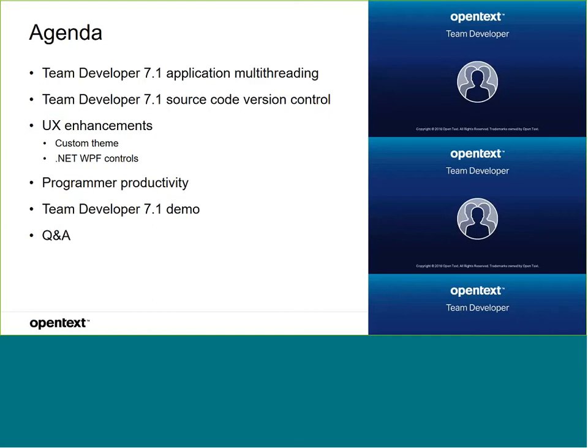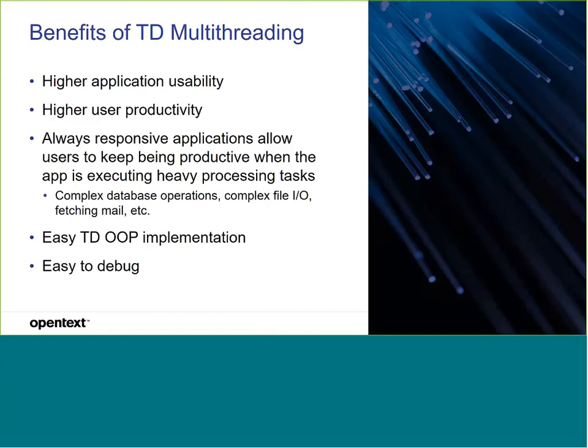First, I'm going to talk about TD 7.1 application multi-threading, TD 7.1 source code version control, the UX enhancements that come with Team Developer 7.1, and programmer productivity. We'll do the demonstration so you see live what this is going to give you, and then the Q&A session.